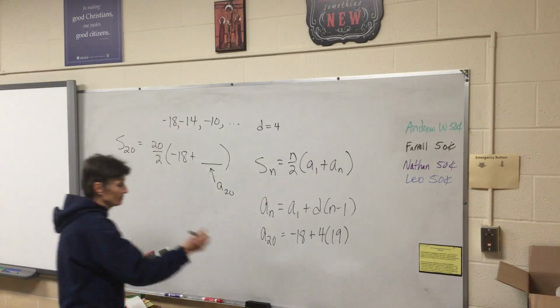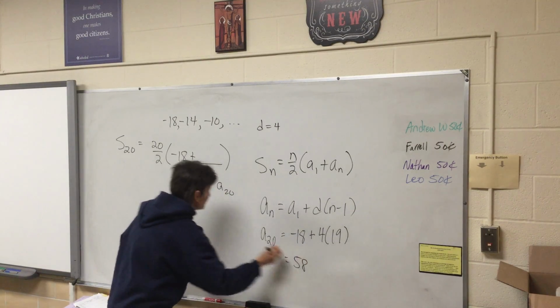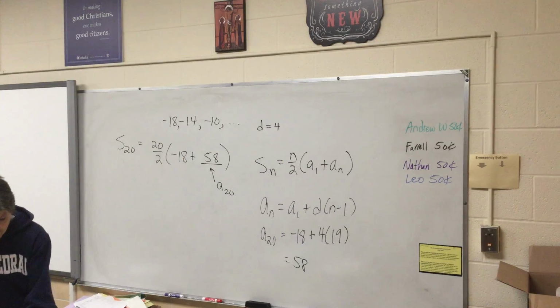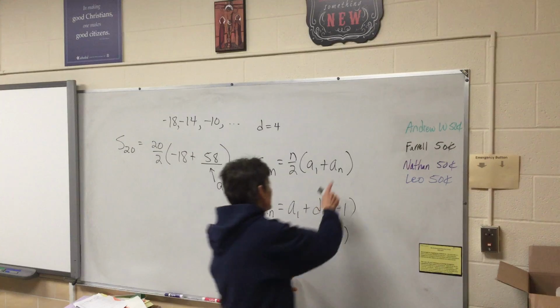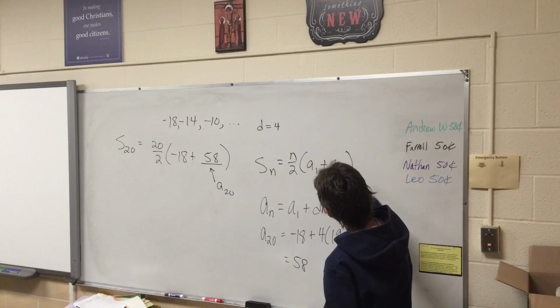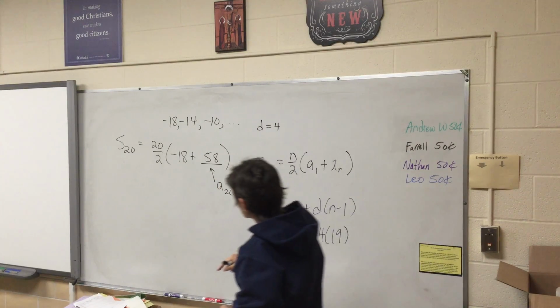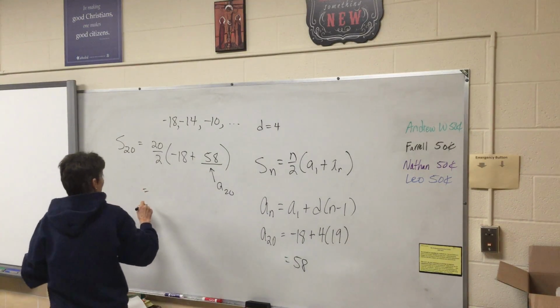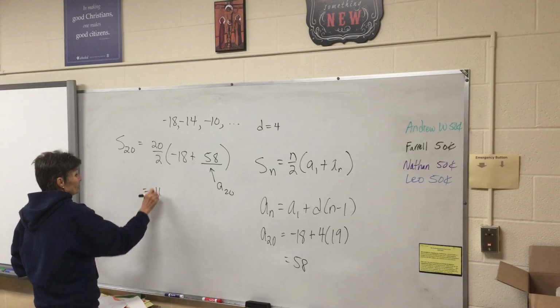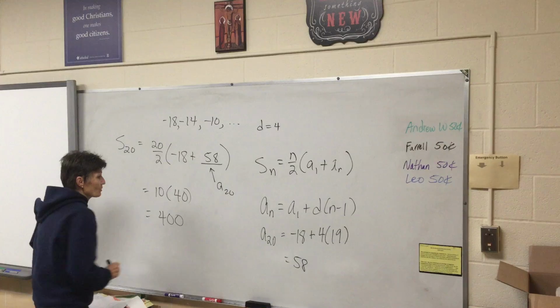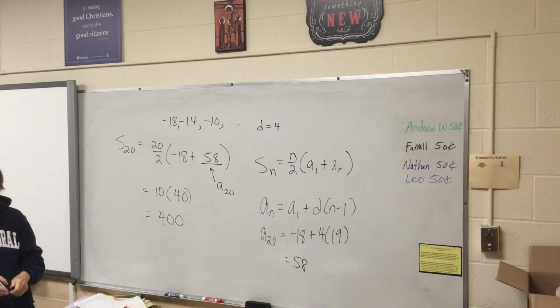It's 58. And that's what's going to go right here. So 58 isn't the answer. 58 is this last term that I need in order to find the answer. So it looks like the answer is 10 times 40, or 400. So the answer to that problem is 400.